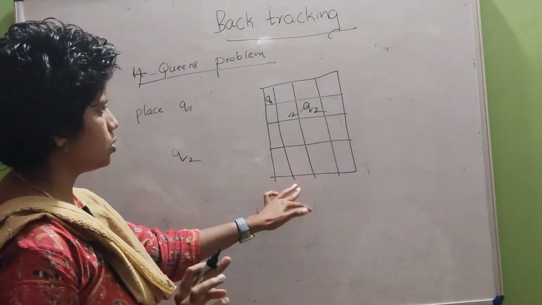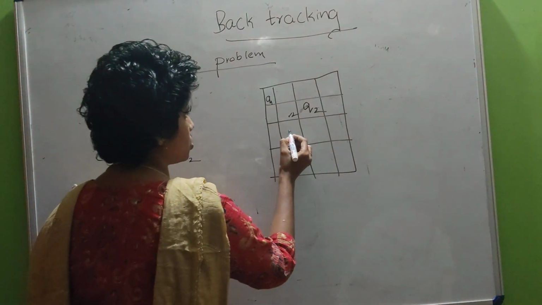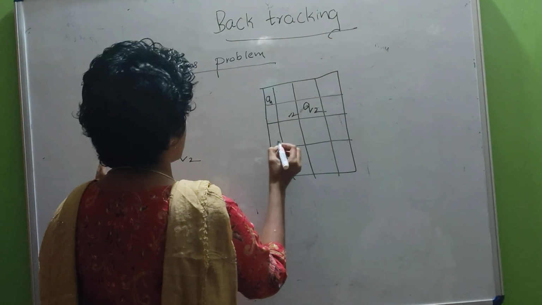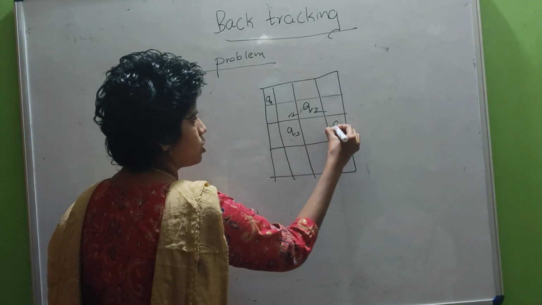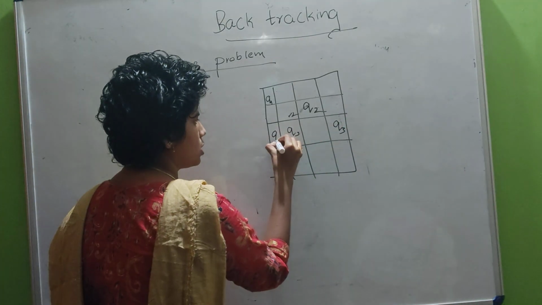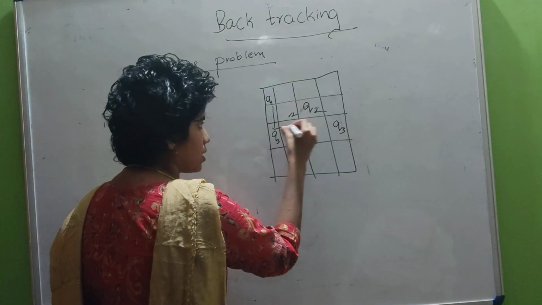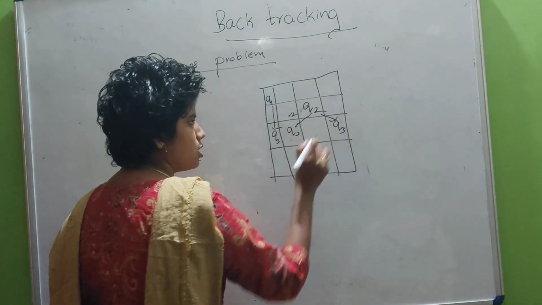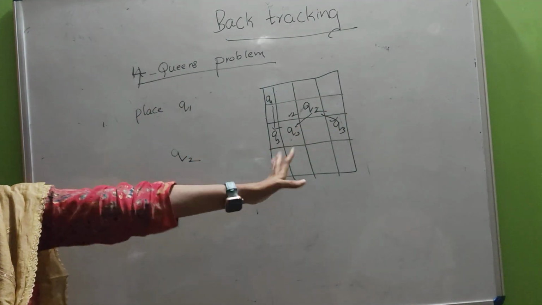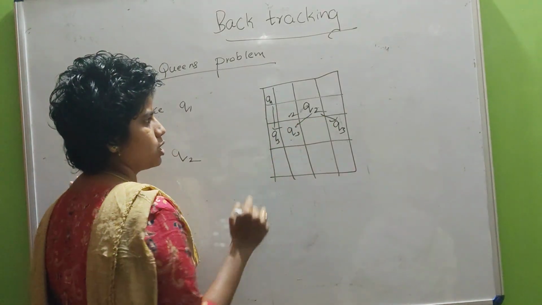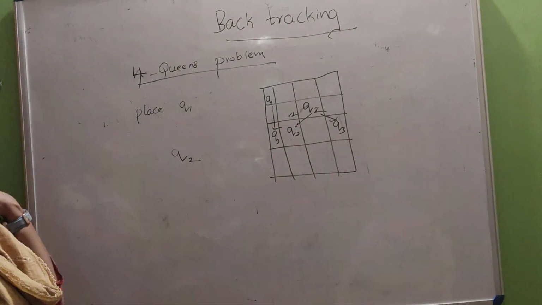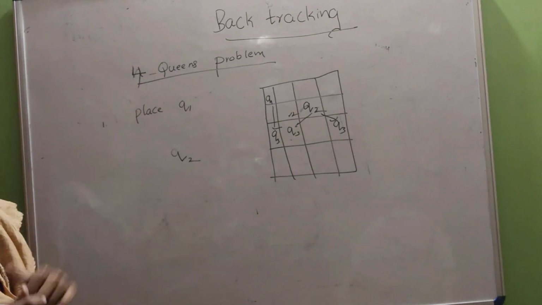Now coming to Q3, you can observe that Q3 can't be placed here, here, or here because it may collide, right? This is diagonal, this is diagonal. So this won't give you a solution whenever you are placing Q1 here and Q2 here. Now you have to backtrack and check other possibilities of Q2.